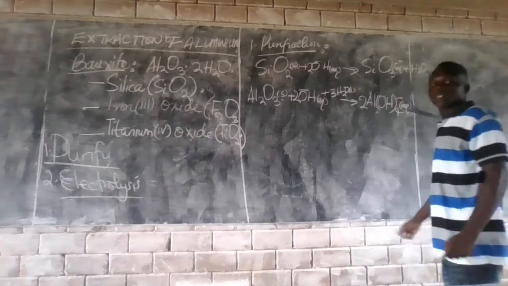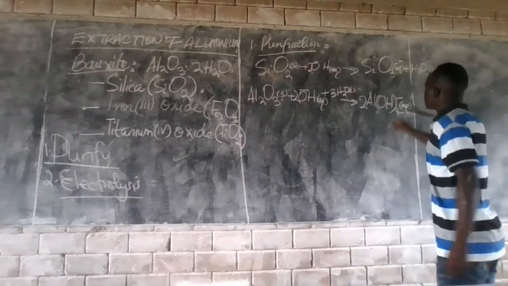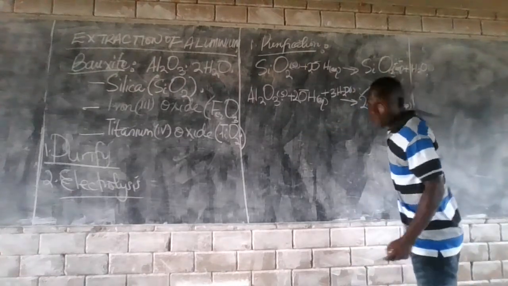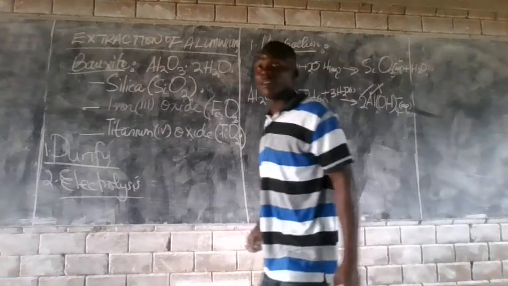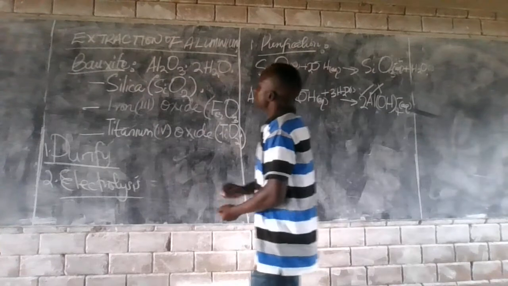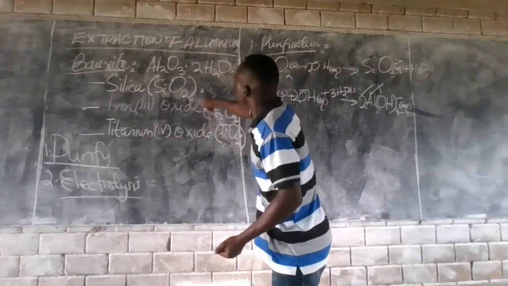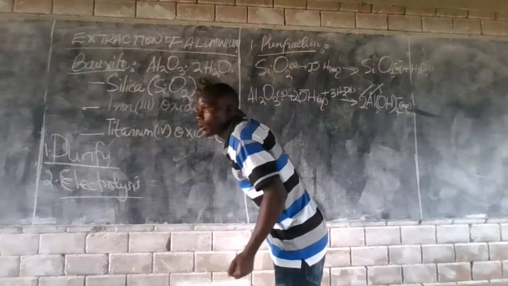The equation is balanced in Al2O3. You get your 1.5 marks for that equation.